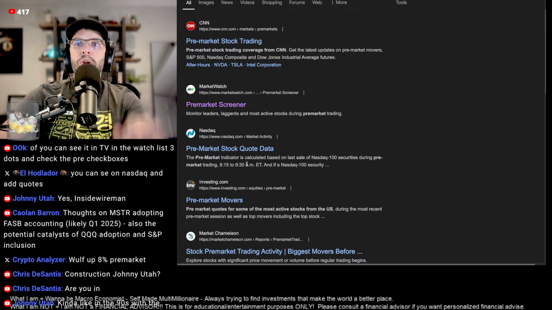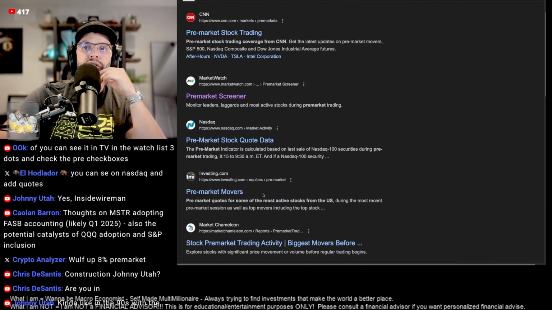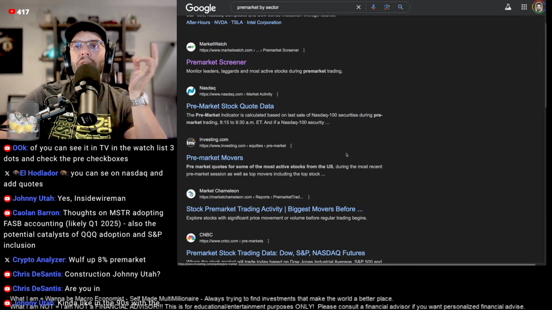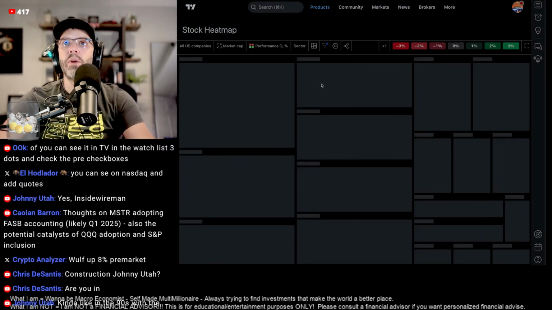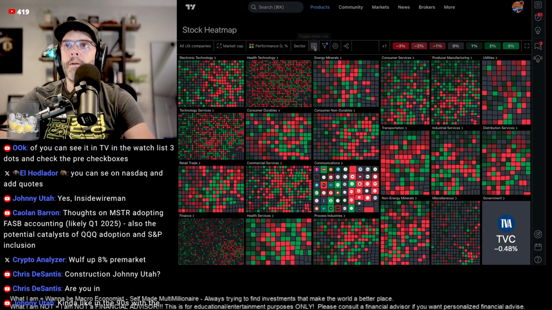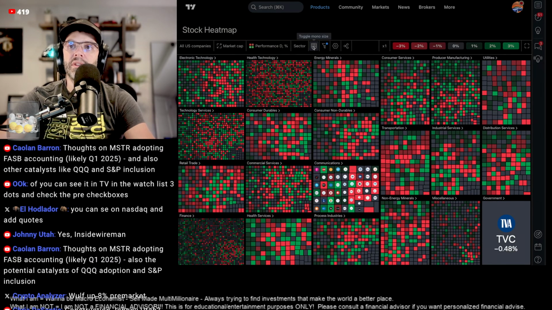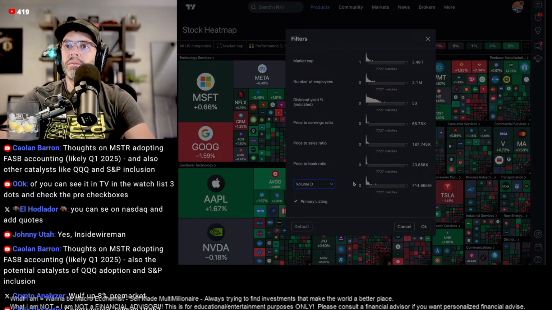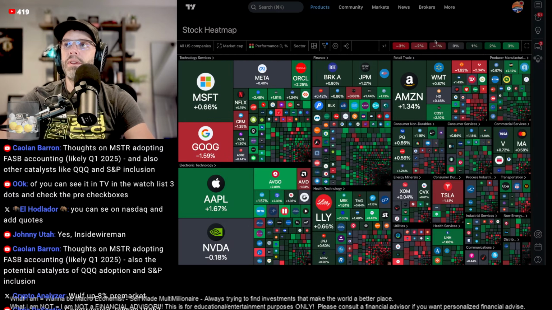I gotta see if anybody knows of good pre-market tools that can show like the stock market heat map or something, but towards sectors. I can't do that with a stock. Like again, TradingView has this, and I love this, but it's not like I can pick up Bitcoin miners in here. You know what I mean? I can toggle views here into different sectors, but it's just not quite the same.